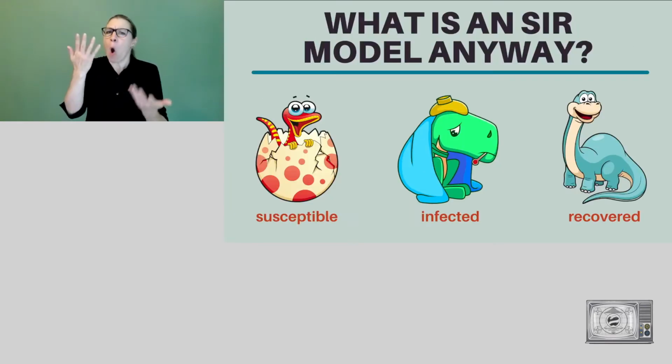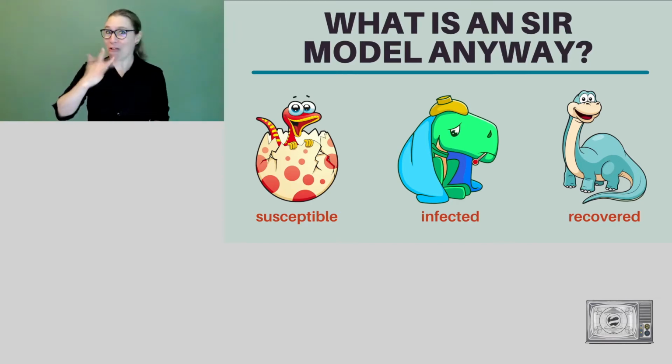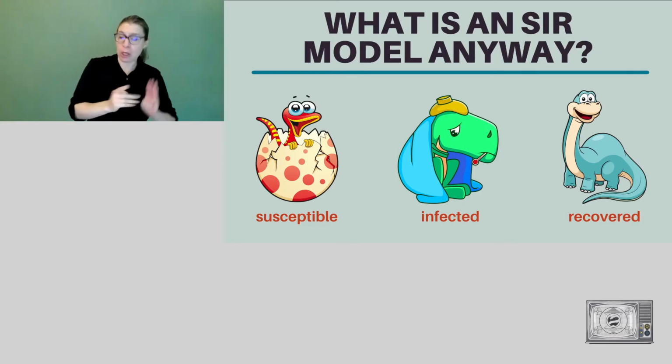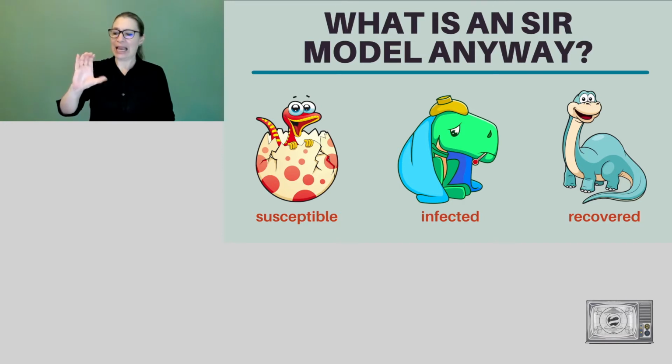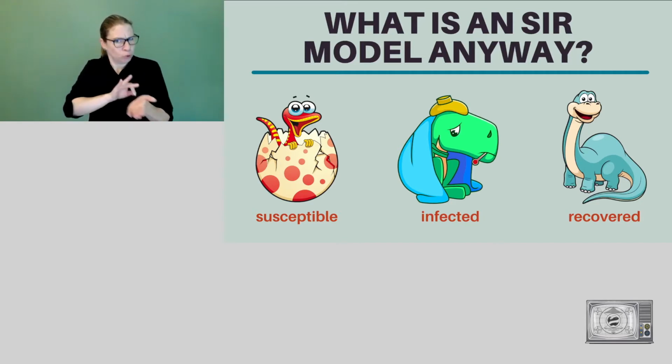A few of you may already be asking yourselves, what is an SIR model? Well, today is your lucky day because I am here to tell you. As a student studying biology, one of the first things that I learned about in disease ecology and epidemiology classes were SIR models, as they are a traditional backbone of disease modeling.